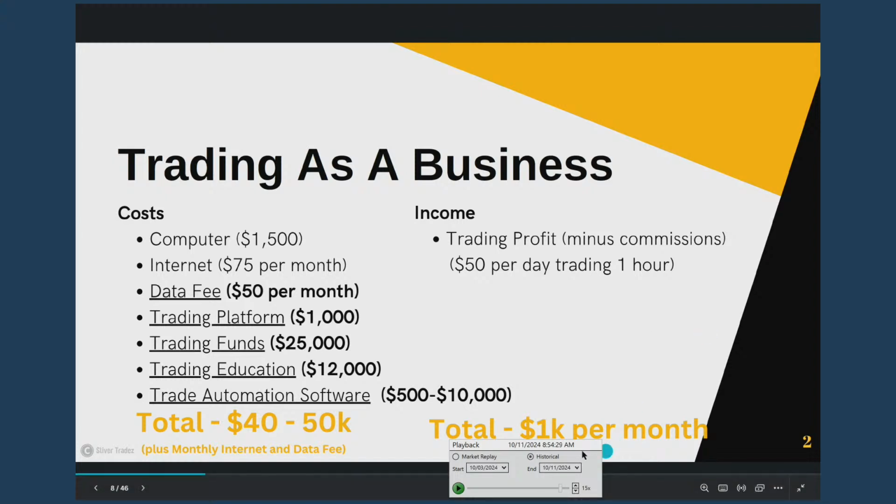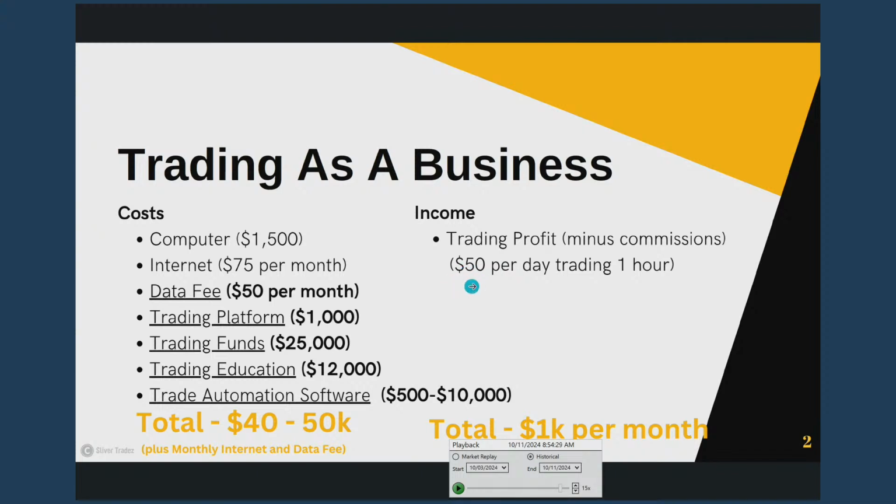And I have taken a very small profit goal here, $50 per day, trading 1 hour, because the average income of a person in the United States is $50 per hour. In fact, it's less than $50 per hour, but if you are sparing 1 hour of your time instead of doing something else, the cost of that hour would be $50, give or take.